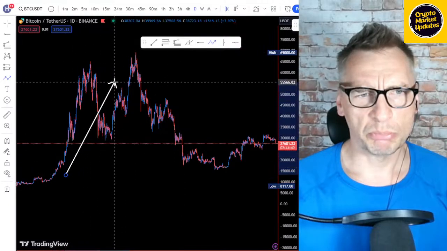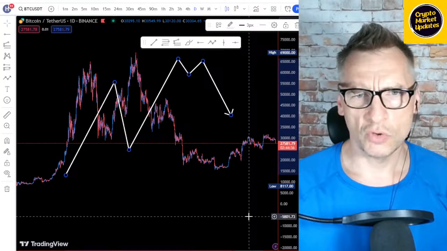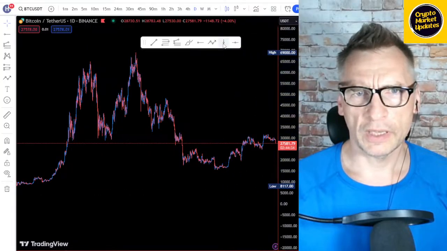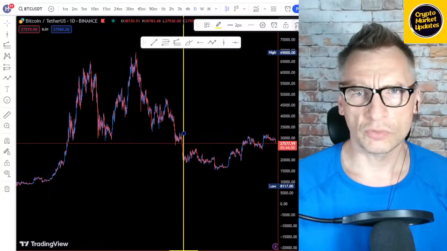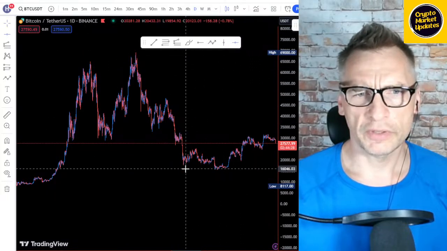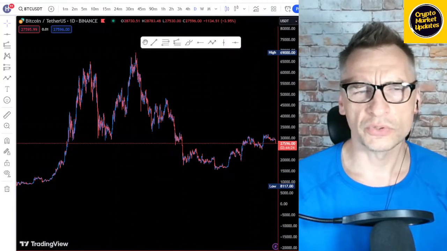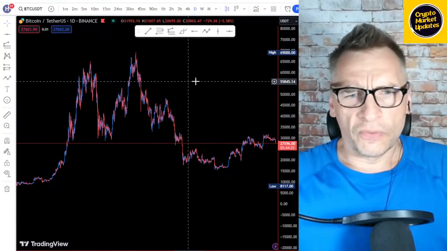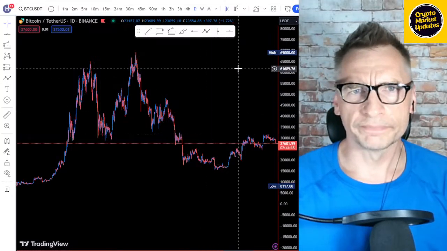You can create a path of how different things move. And then there is a vertical line, similar to the horizontal one, and this creates a line all across the screen. So these are the tools that I have for charting on TradingView.